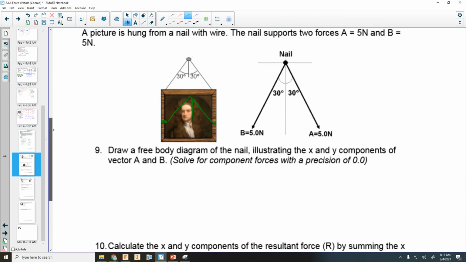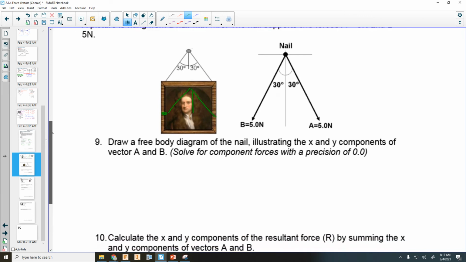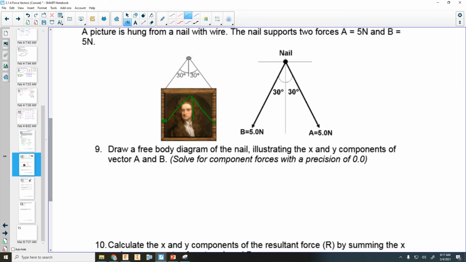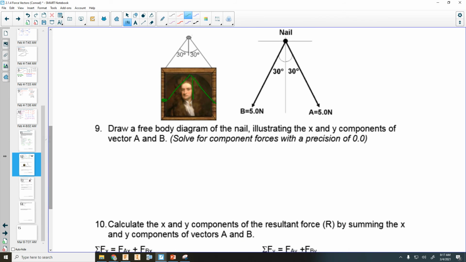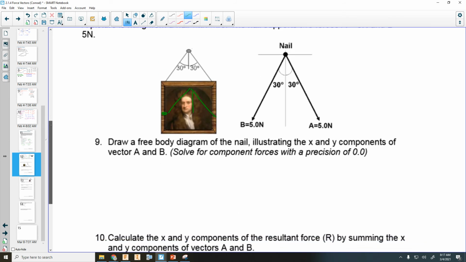Draw a free body diagram of the nail, illustrating the x and y components, and actually that's basically it. What do we have? So what will we need to add? Free body diagram of the forces on the nail. Well, we got 5 newtons going down, right?